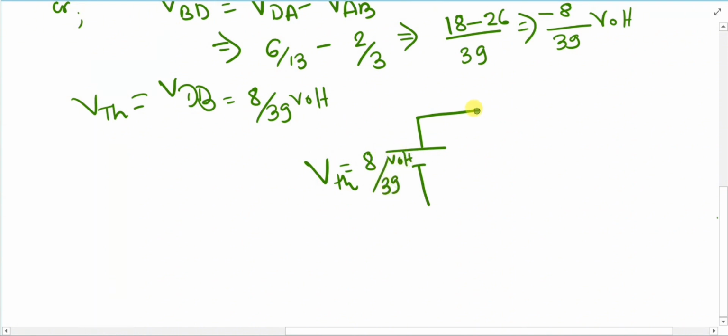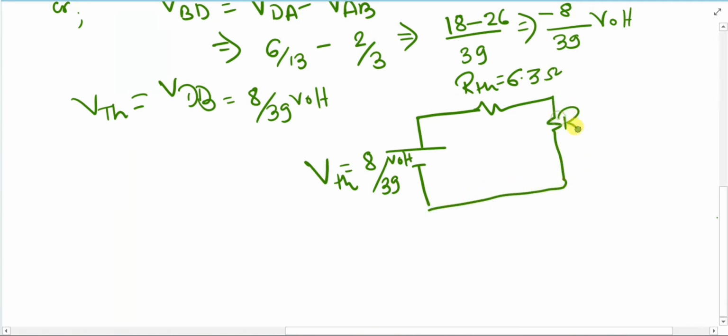Now replace this by RTH. Our RTH was 6.3 ohm. And since we were asked to identify the current flowing through the load resistor, which was equal to 20 ohm.